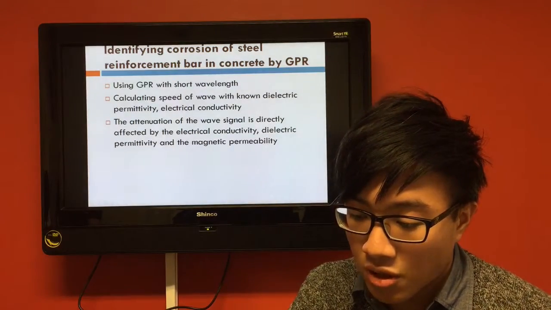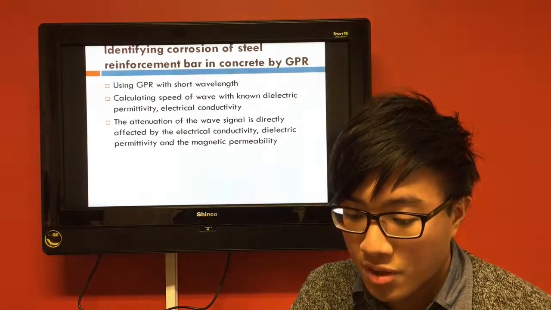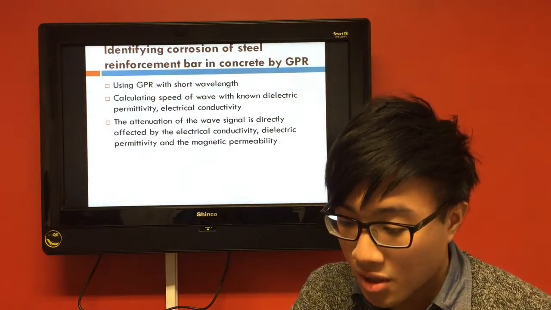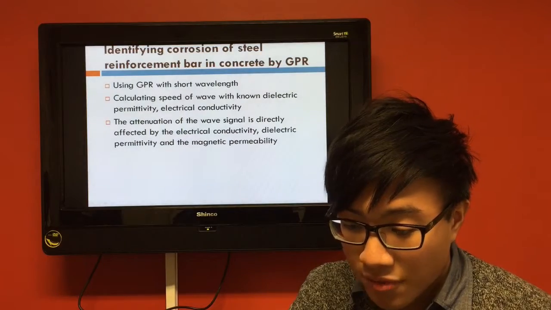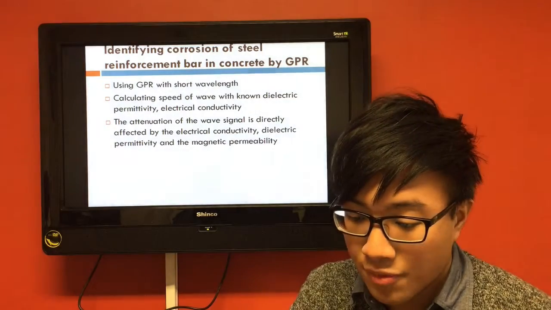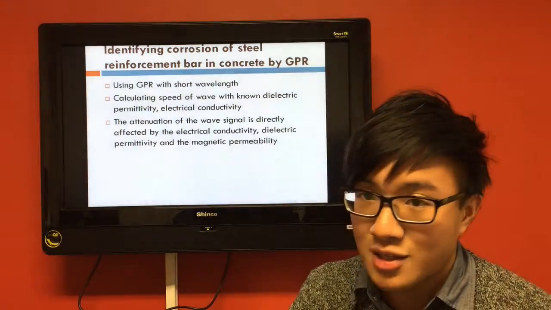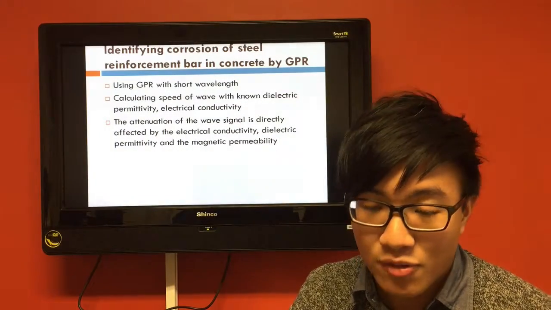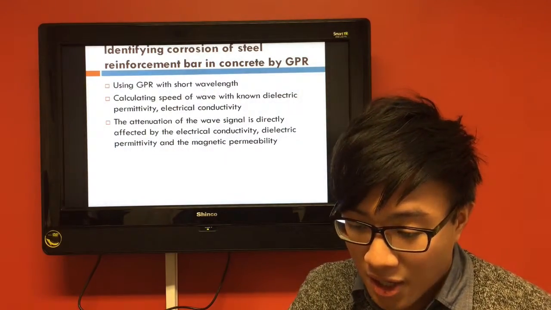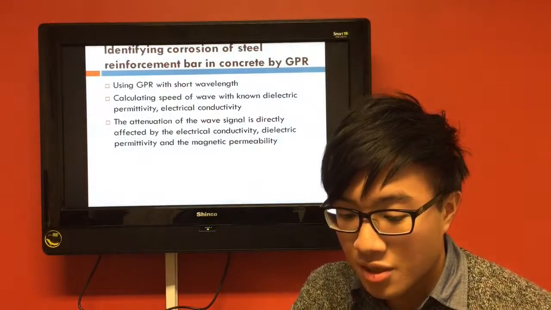The attenuation of the wave signal is directly affected by the electrical conductivity, dielectric permittivity, and the magnetic permeability. This means that a wave traveling through a material with great conductivity will be attenuated greatly.